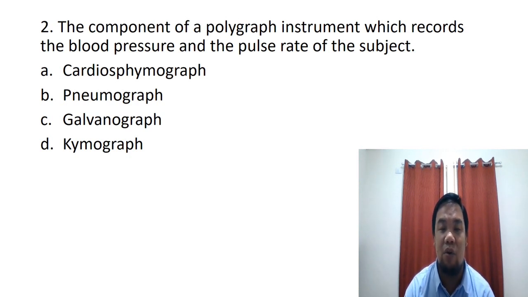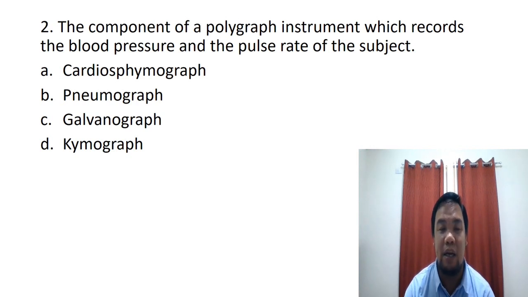Why? Because letter A, cardiosphygmograph, records the blood pressure and the pulse rate of the subject, while pneumograph is just recording the breathing of the subject. The galvanograph records the skin resistance of the subject, and the chemograph is the motor that pulls the paper in constant speed.